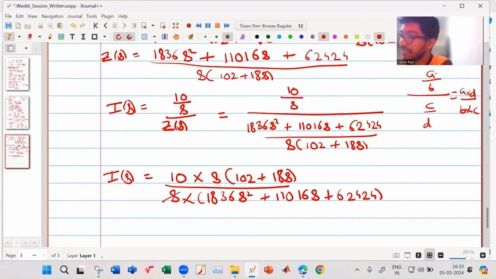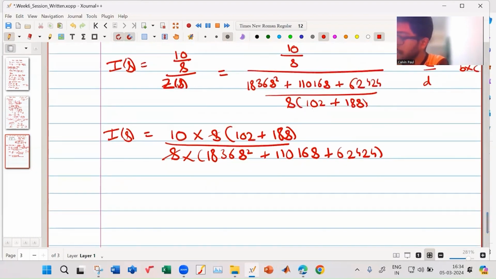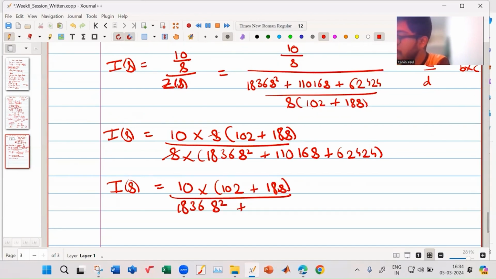We cancel the S and S, so I of S is equal to 10 into 102 plus 18S upon 1836 S square plus 11016 S plus 62424.